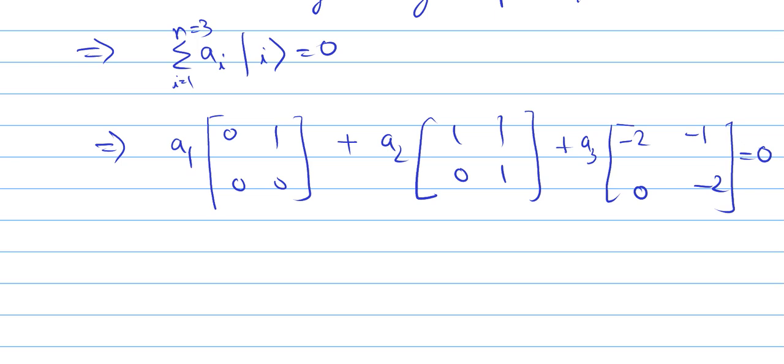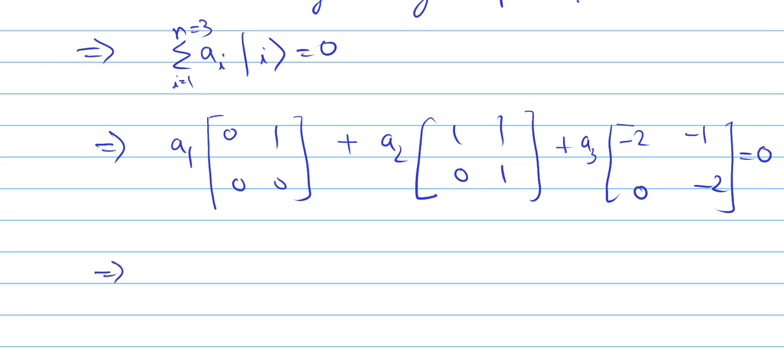Now we'll solve this and we'll find out the values of a1, a2 and a3. If they all are zeros, then these three vectors are linearly independent. If they are not all zero, these three vectors are linearly dependent.